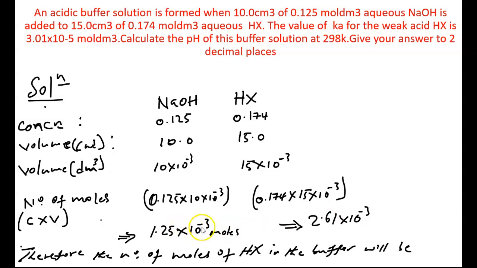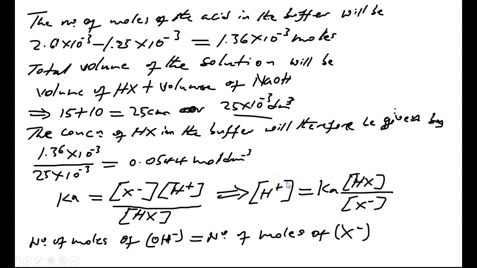So we have the number of moles of acid that is going to be used for our buffer, and the number of moles of sodium hydroxide which is going to be involved in our buffer. Therefore, the number of moles of the acid in the buffer will be the number of moles of the acid minus the number of moles of the base, and that will give us 1.36 × 10⁻³ moles.